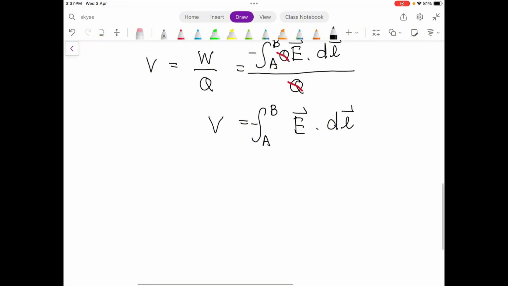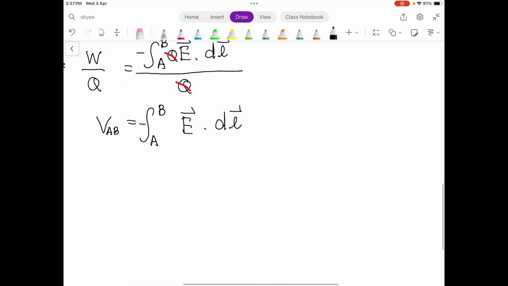We write this as VAB, that is the potential at B minus the potential at A.